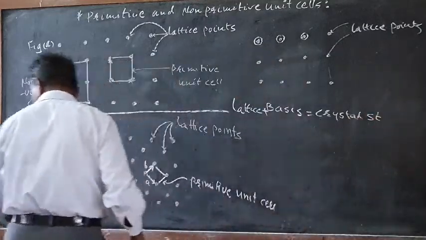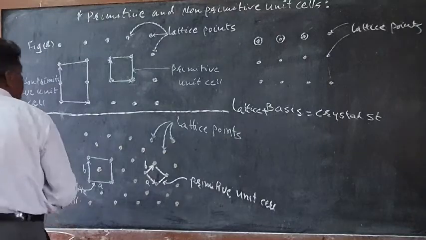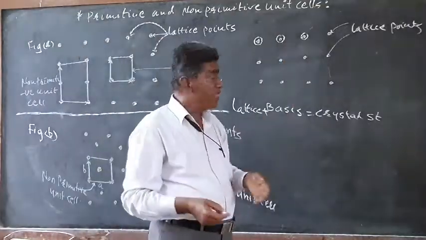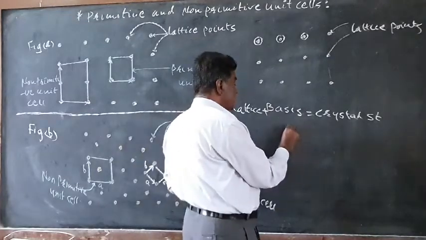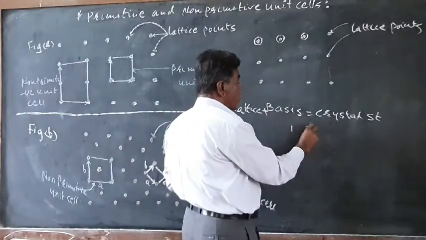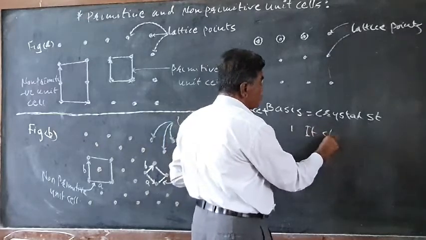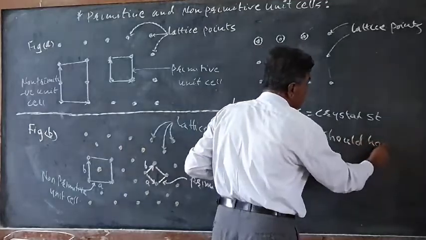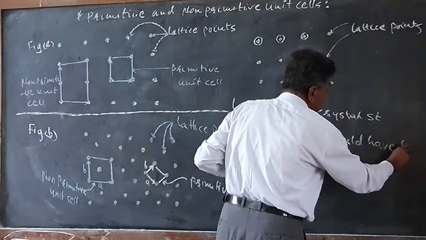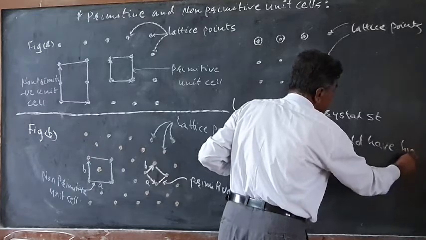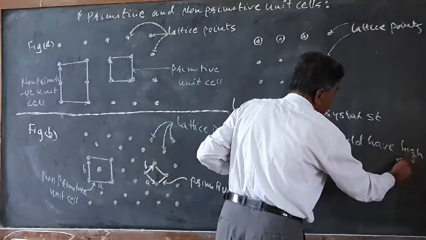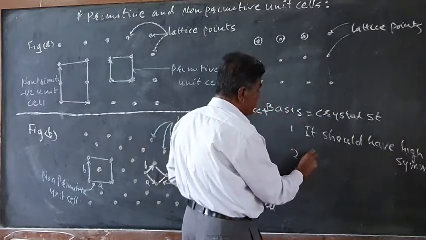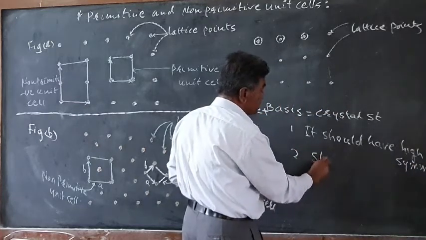Now in a space lattice, we can construct a small unit such that, first, it should have high symmetry, and the other condition is that it is bounded by the shortest vectors.